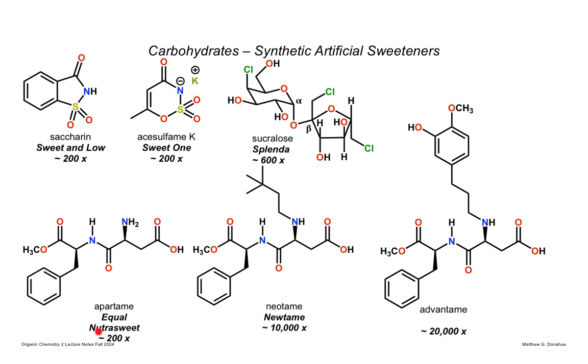Aspartame, which is Equal or NutraSweet, about 200 times. And this one is actually a peptide. So there's a carboxylic acid, here is an amide, and then there's an amine. So this is called an amino acid. That linkage there is called a peptide bond.